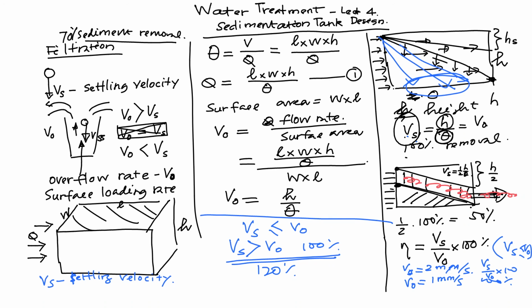So if we know the particle settling velocity and overflow rate, we can determine the removal efficiency in a sedimentation tank. All the effort so far was to explain to you how Vs divided by V naught gives you the removal efficiency, and that the removal efficiency can never be more than 100%. 100% is the maximum, all the time. Thank you.